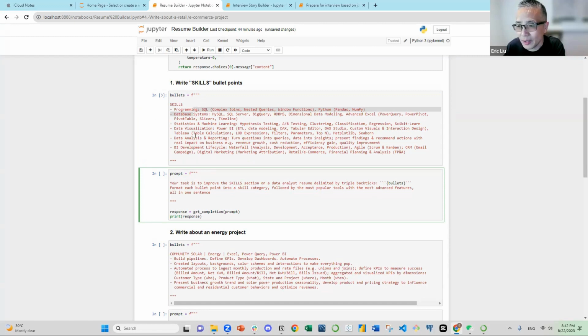So these are delimited by triple backticks, right? Because between the triple backticks, you see bullets. And format each bullet point into a skill category followed by the most popular tools with the most advanced features, all in one sentence. Okay, so this is the prompt.